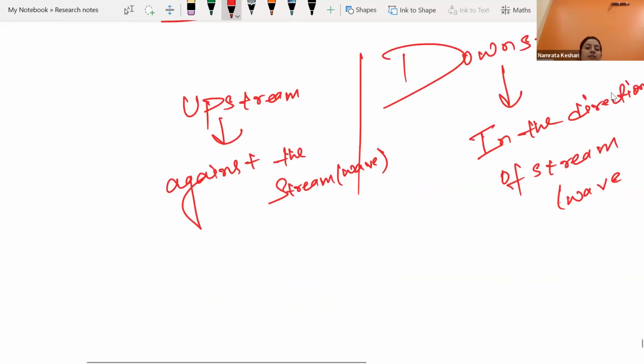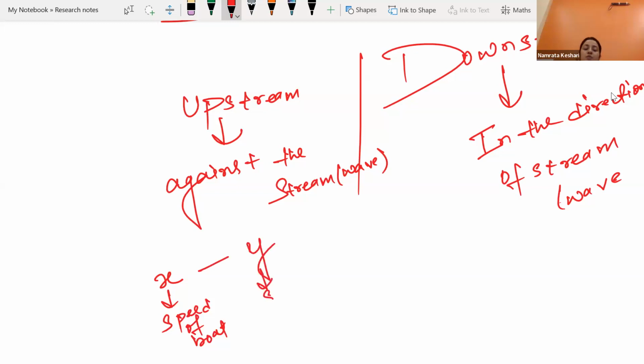While taking this scenario upstream, we will be using the speed of the boat minus the speed of the stream, because of course more effort the boat has to apply. Why? Because the speed is getting subtracted.